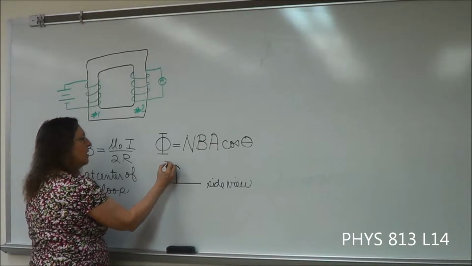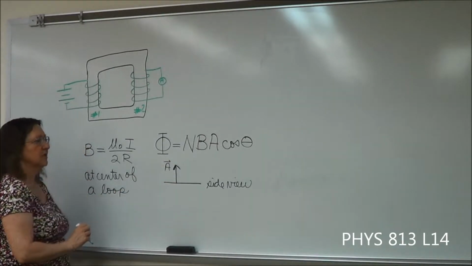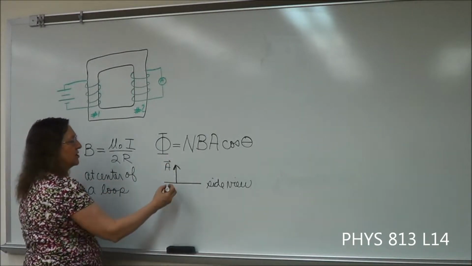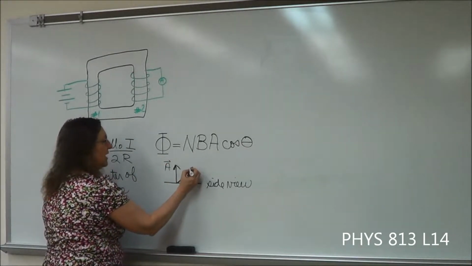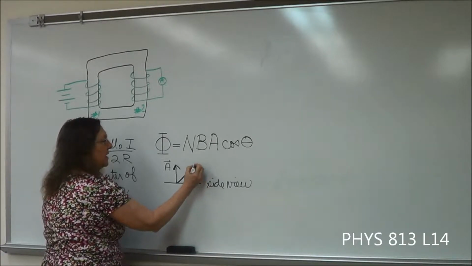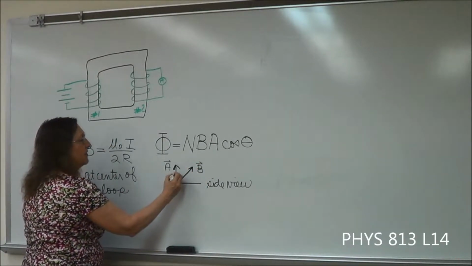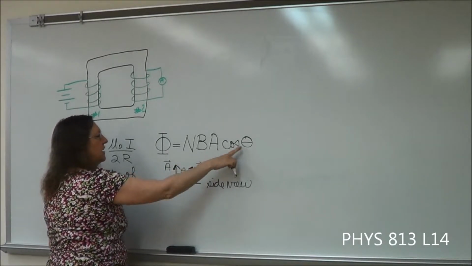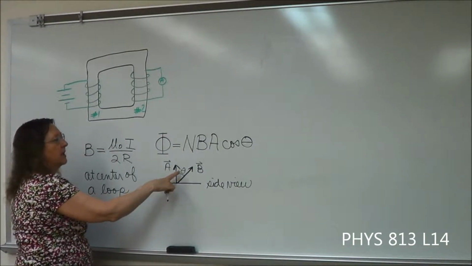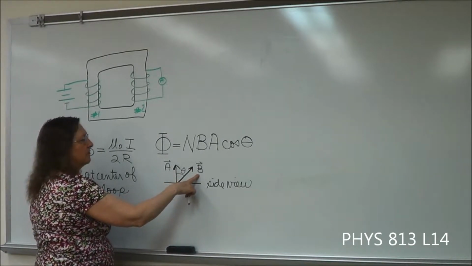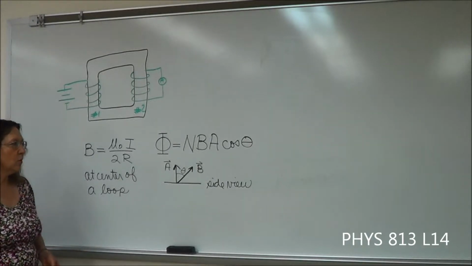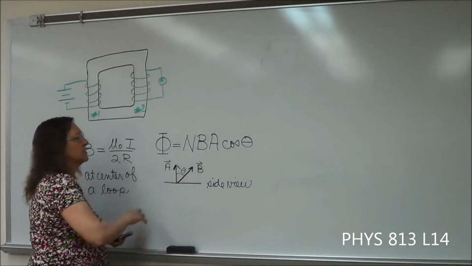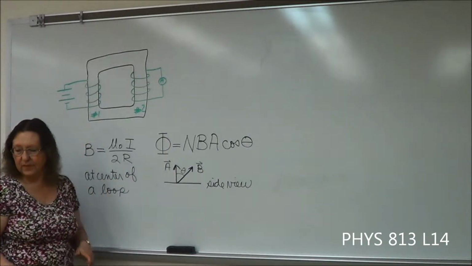So we're going to call this A, and I'm going to put a vector sign over it. Then the magnetic field can be oriented any direction. I'm going to draw it at an angle and put B there, B vector, and this angle is the angle theta. So the angle theta is between the direction of the area and the direction of the magnetic field. Now, we don't really need to remember too much of this, but there are parts of it that we do.